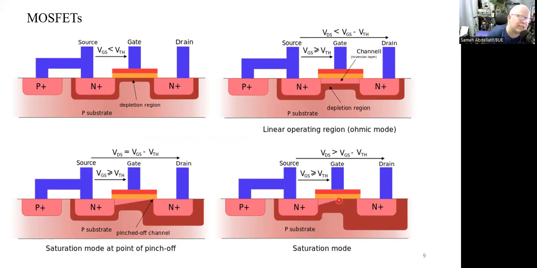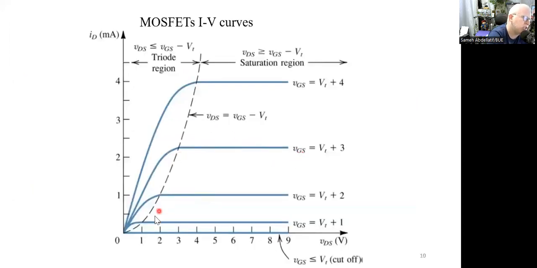This process is expressed in terms of IV characteristics with this general, very famous curve for the IV characteristics of a MOSFET. As you can see, first of all, we have this linear or triode region, where whenever you increase the VDS, the current increases. It's something in the form of a resistance behavior, a straight line linear behavior, till we reach this saturation point.